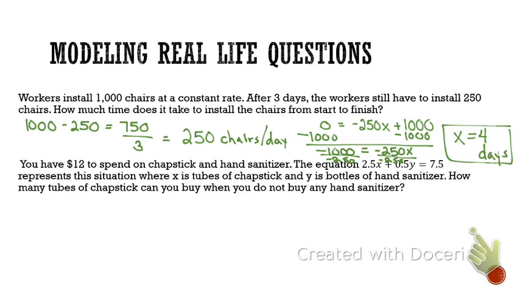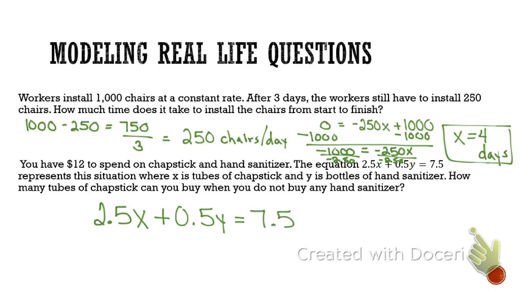Okay, on the next one really isn't so bad. It's actually similar to your banana and apple example from this lesson. You've got this equation, 2.5x, and x stands for chapstick, plus 0.5y equals the amount of money you have, which is $7.50.